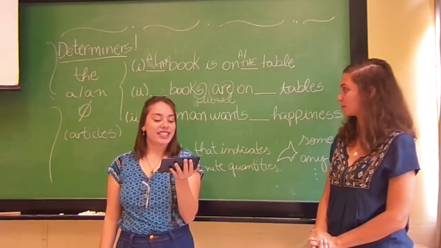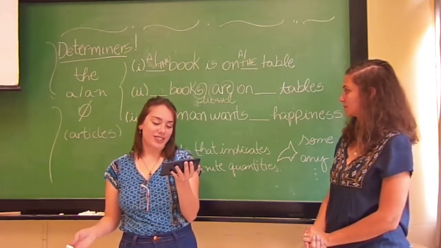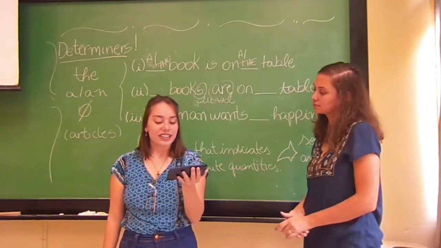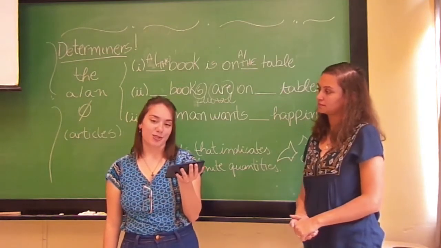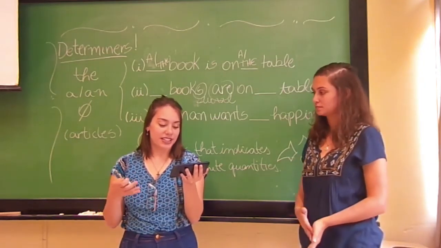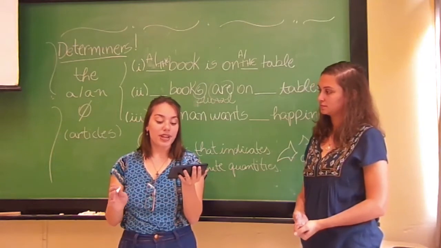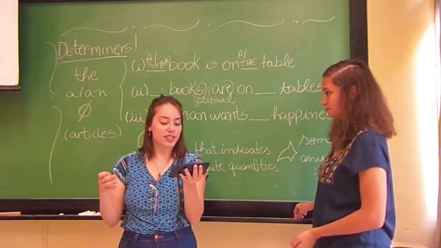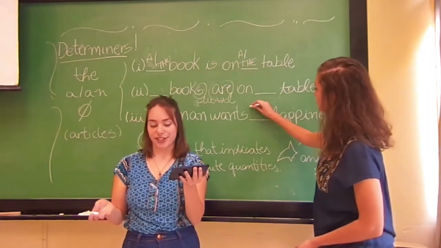As the name says, they cannot be counted. It's impossible to have two happinesses. Tangible objects can also be uncountable, like water or bread. In order to count, we need the assistance of other nouns. For example, two pieces of bread and a glass of water.